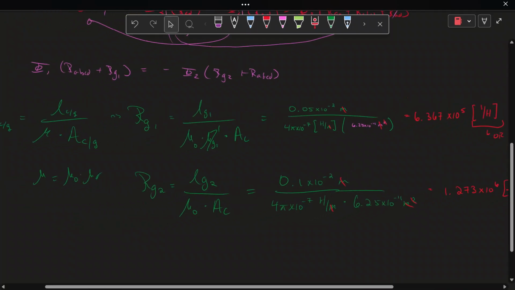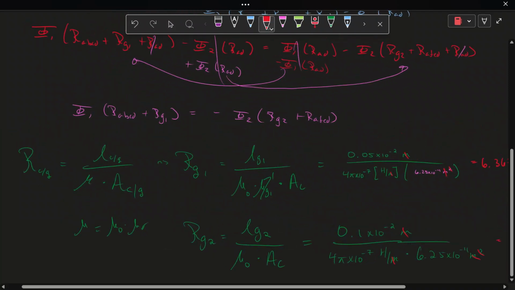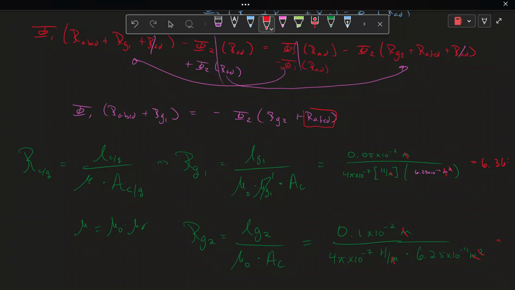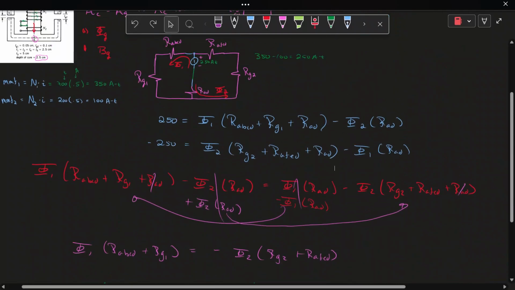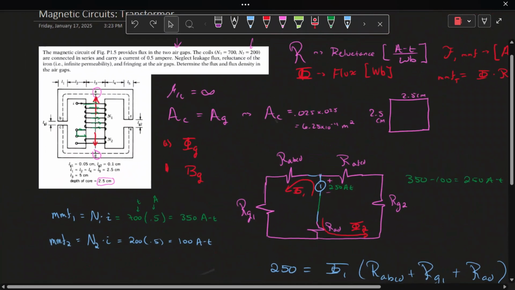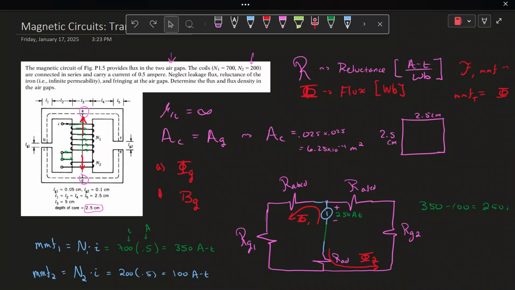Yes, times 10 to the 6th, and again, amp turns per Weber. Okay, now we found the reluctance of the air gaps, but what else do we have in our equation? We have the reluctance of the mean path of the core. But what did we say earlier? In the problem, it said to neglect the reluctance of iron. Why is that though?